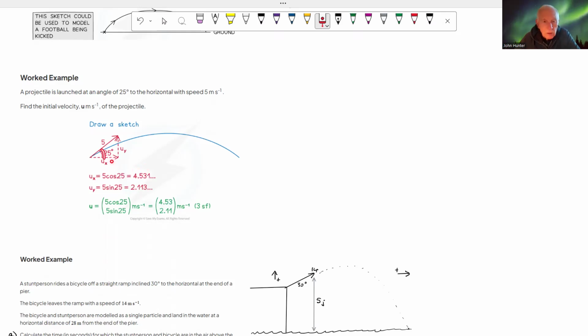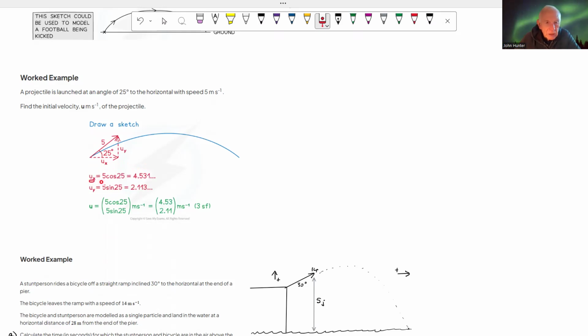So we need to resolve that into the two dimensions: the horizontal component of that speed and the vertical. If the speed is 5 at an angle of 25, then the horizontal, denoted here by ux, could be ui, with uj for the vertical. That connects us more to vector notation.